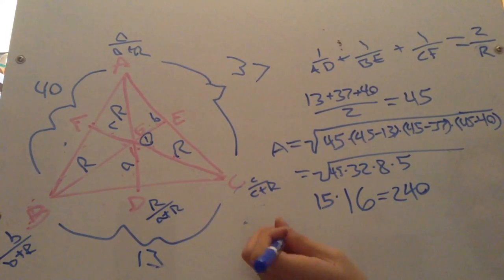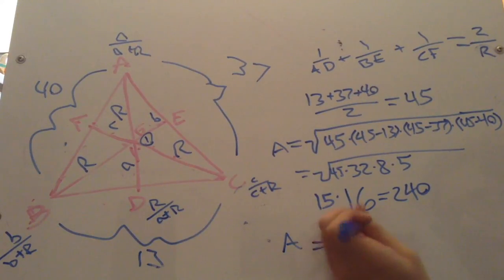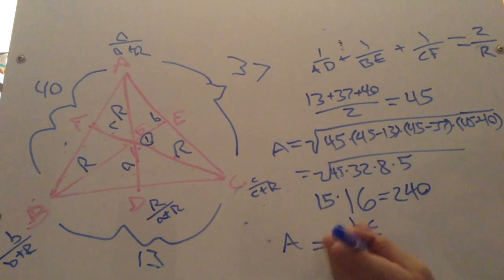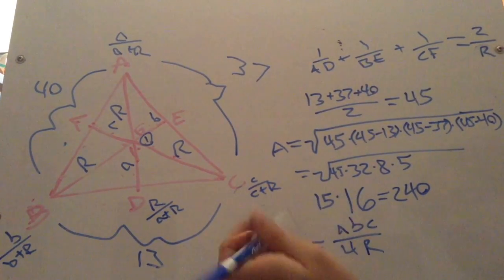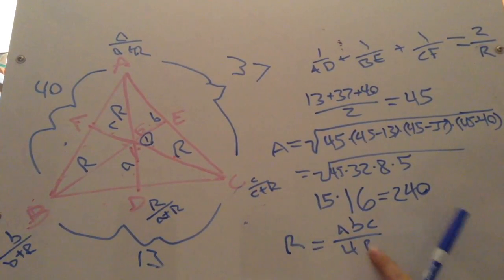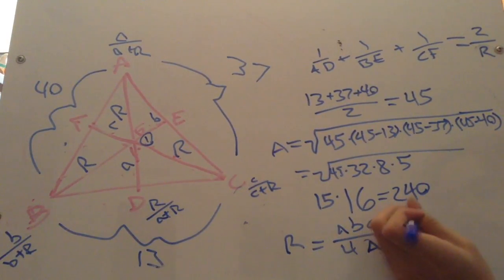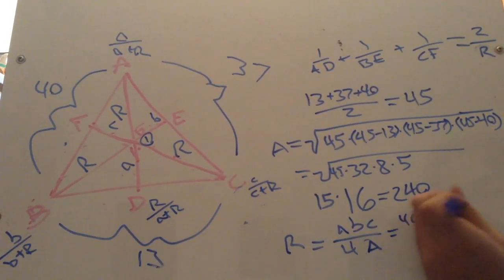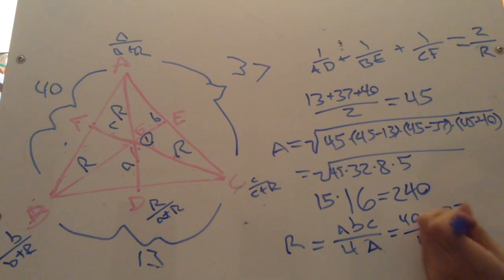Fortunately, one actually does exist. The area of a triangle can be given by the product of the sides over 4 times the circumradius. So we just move stuff around. Going to move R here, going to move a here. So this is 40 times 13 times 37 over 4 times 240.